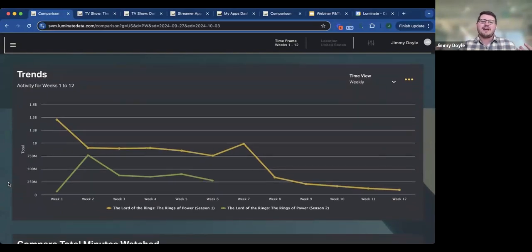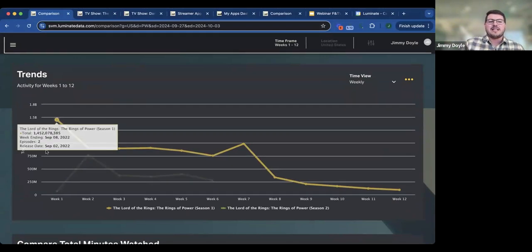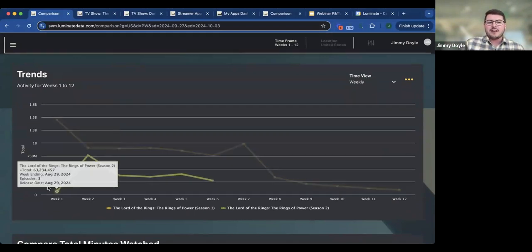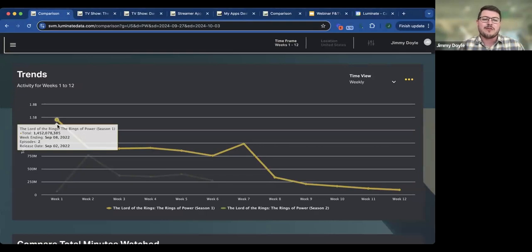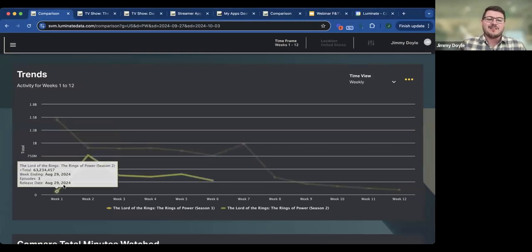But this is what we're looking at for the Lord of the Rings. The story seems negative when you look at a chart like this one. We're looking at a comparison between this yellow line, which represents season 1 of The Rings of Power, and this green line, which represents season 2. There are some big differences between these. There's a lot more viewership, of course, for season 1 than for season 2.